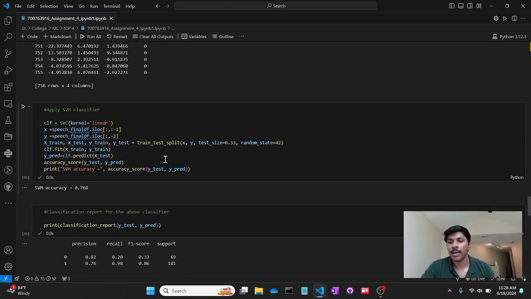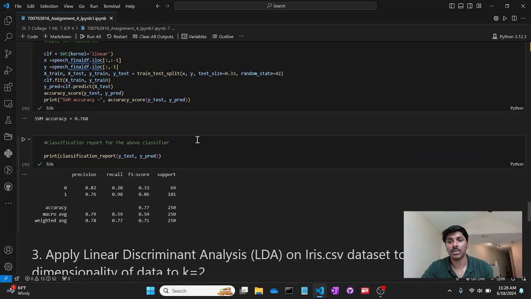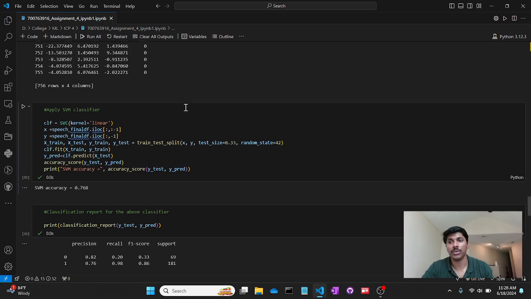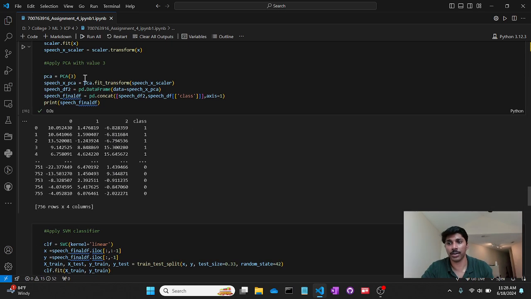We scale the data so that all values are similar in range. We use PCA to reduce the columns to just three.